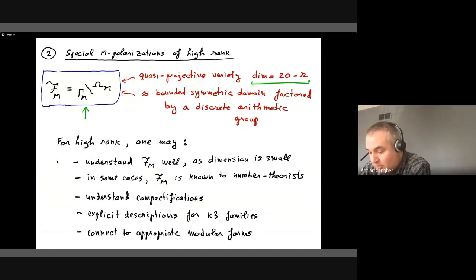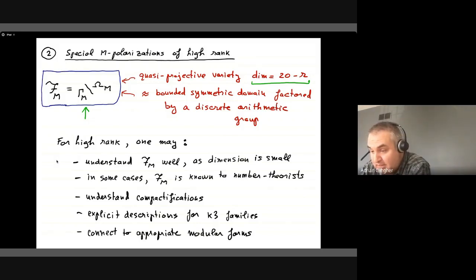And also because we have this discrete arithmetic group that we're dividing with, this tells us that there will be connections to modular forms of lower order or of higher order. So as an interesting direction of research, one would like perhaps to understand these quotients well, maybe in smaller dimensions, but also in slightly larger dimensions.